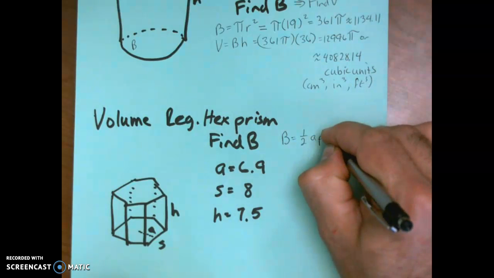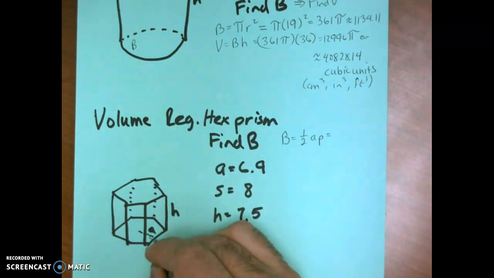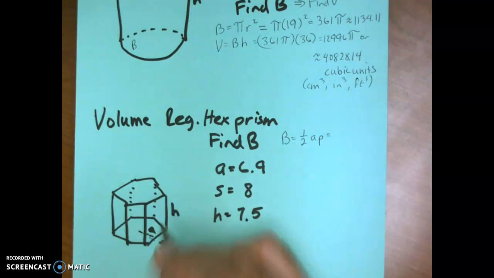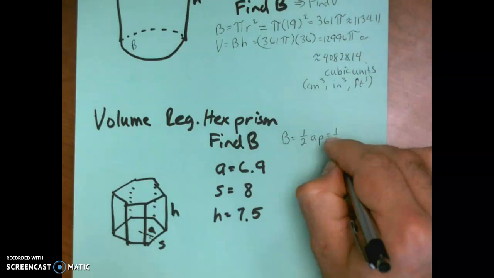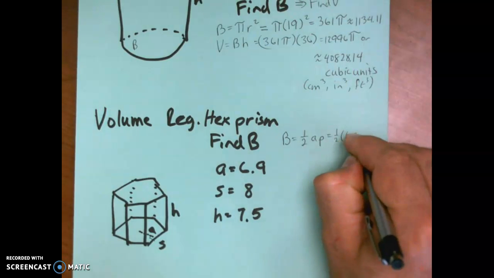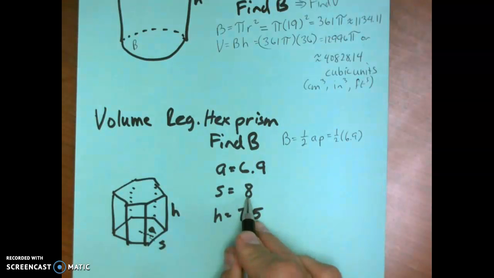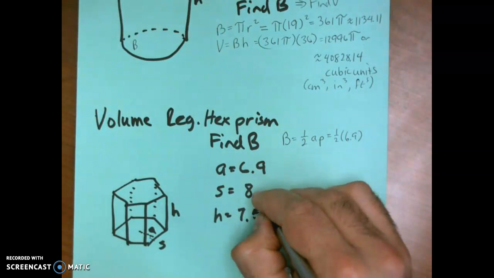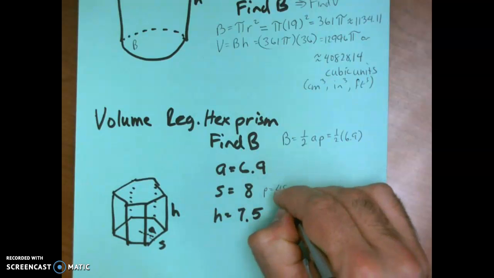So my apothem here is drawn. That's the distance from the center of the base to the side, and it's given to me as 6.9 units. Okay, so 1/2 times 6.9. Now my perimeter: the side length is 8, so I have to multiply that by 6 to get a perimeter of 48.